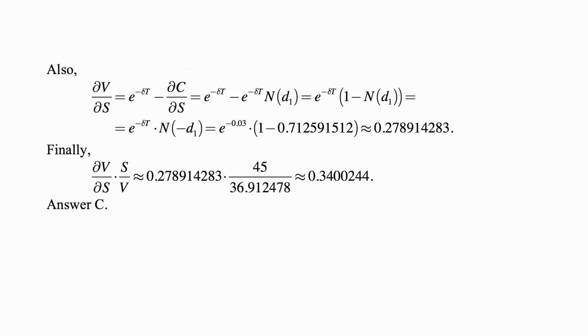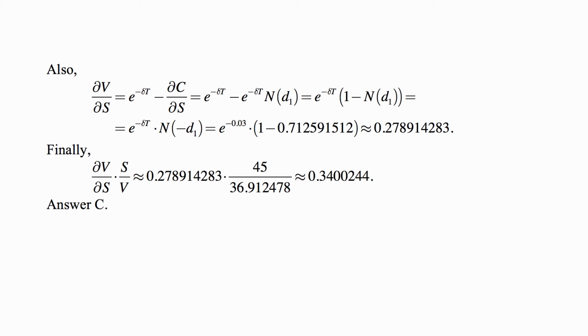Also, the delta of V, so the partial derivative of V with respect to S, ends up being e to the minus delta t minus the delta of the call. And we know that delta of the call is e to the minus delta t times N of d1.